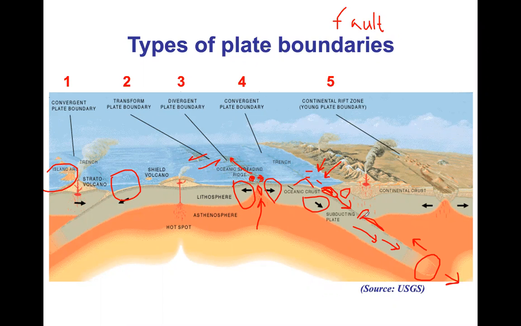Why does it happen at different times? Because these materials' melting points are different, because they have different compositions. Silica rich materials, iron rich materials, aluminum rich materials, right? All of these materials' melting temperatures are different. So therefore several batches of magma can be formed as a result of these various stages of melting.